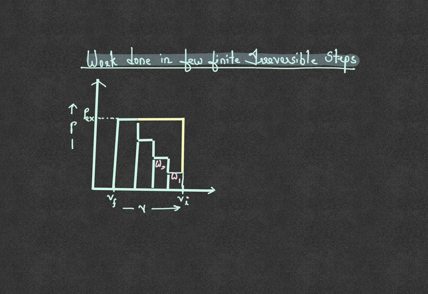This is W2. This is W3. And this is W4. Clear or no? So the total work done is equal to W1 plus W2 plus W3 plus W4.